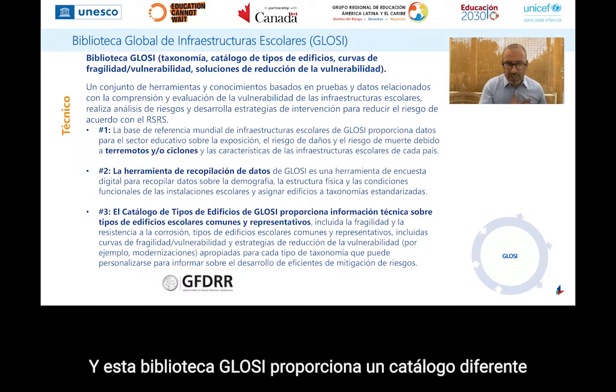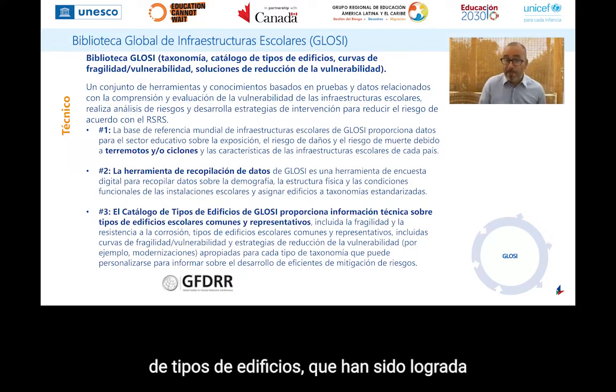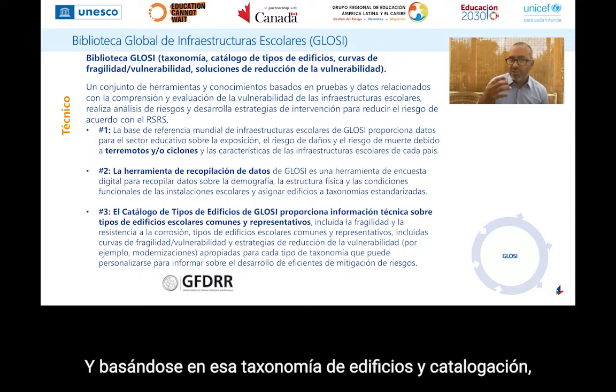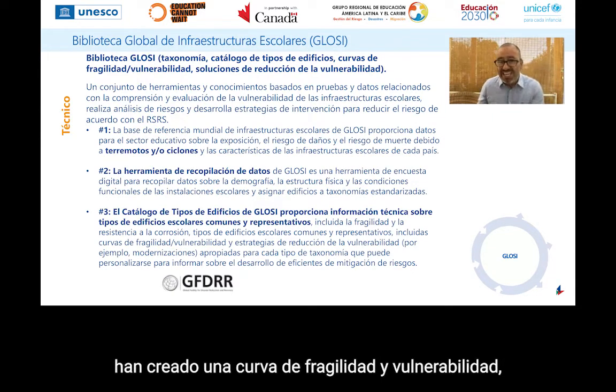And this GLOSSY library provides a catalog of building types, on which they have been collecting different taxonomies of buildings that they have found worldwide, and based on that taxonomy of buildings and catalogued, they have created fragility and vulnerability curves.